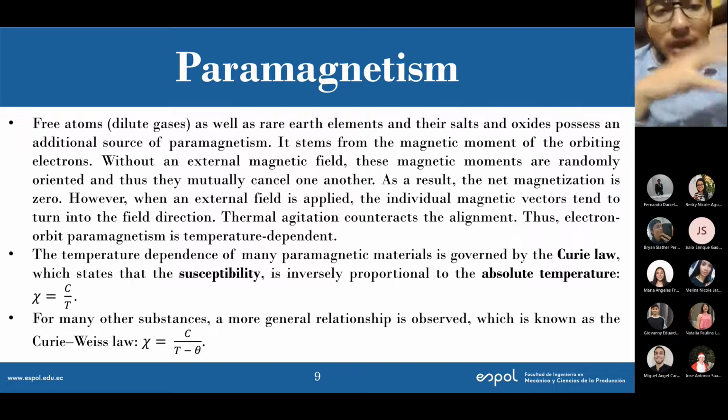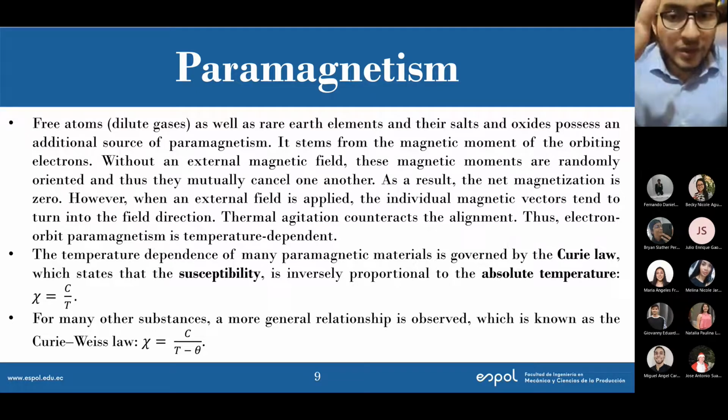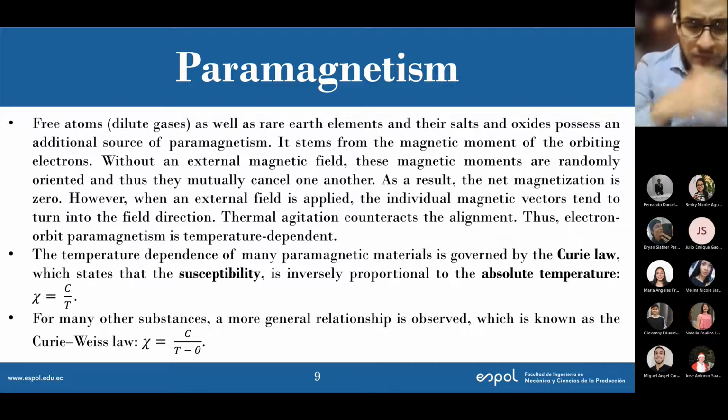So when I don't have any external magnetic field, the magnetic moments in those electrons will all be randomly oriented. And that's why they cancel each other, and that's what we have in paramagnetism, right? They usually cancel each other, and you might remember that from ceramics. In paramagnetism, all the moments cancel one another without the presence of an external magnetic field.